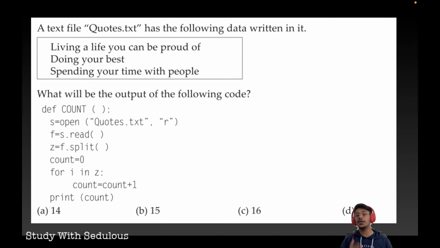A is an element, life is an element, you is an element, can is an element, be is an element, proud is an element, of is an element, and so on. So we'll just count off. Living a life you can be proud of, doing your best, spending your time with people. What is it? 16. It is 16.